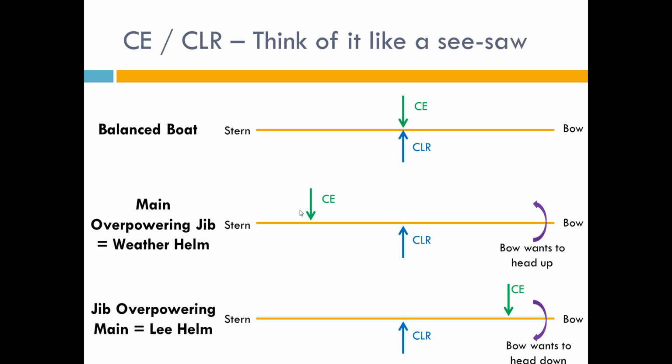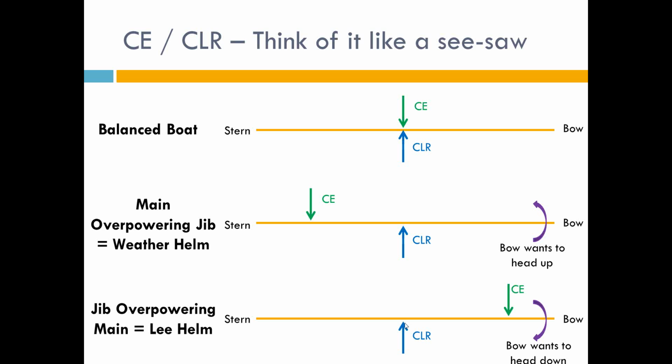If we move the center of effort aft, so we power up the main, it's like putting a weight on the seesaw at the stern end, so this end is going to want to go up in the air. So the boat wants to head up into the wind, the bow wants to go up. That's our weather helm scenario.